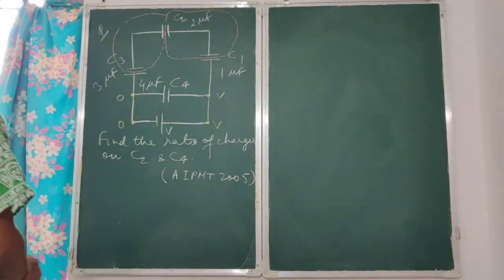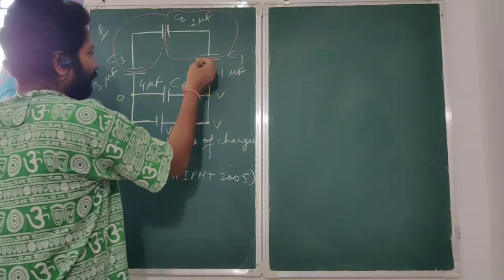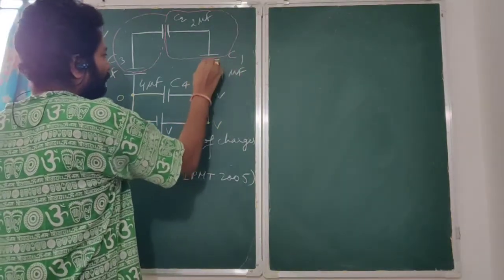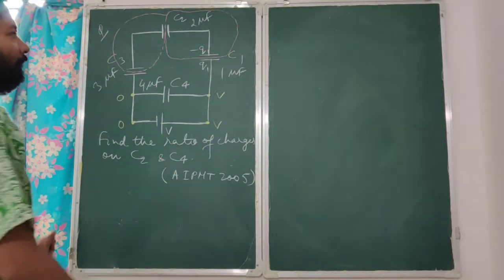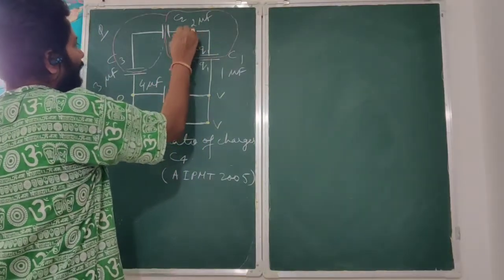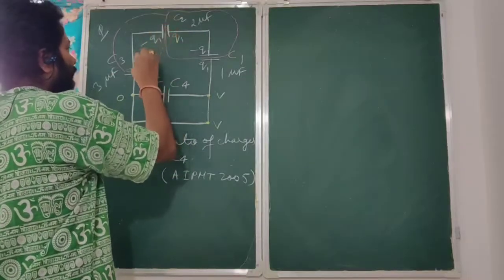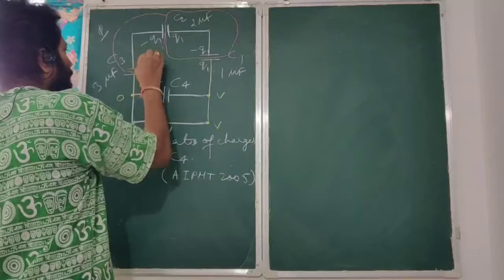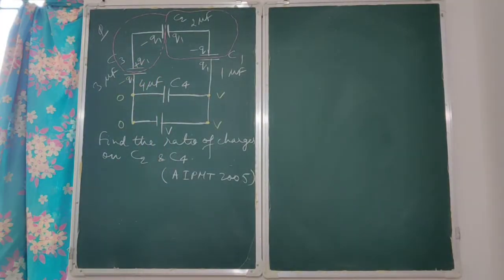So let us say you are assigning some charges. On this, let us say I am assigning charge Q1. What will be the charge on this plate? It will be minus Q1. Then here it will become plus Q1. Then again here it will be minus Q1. Here it will become plus Q1. So here again it will be minus Q1.